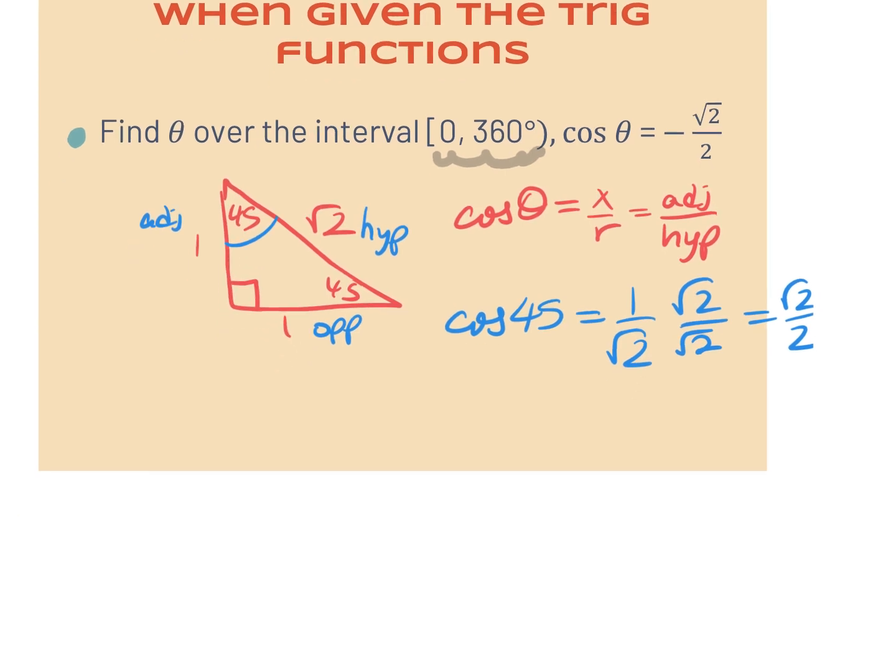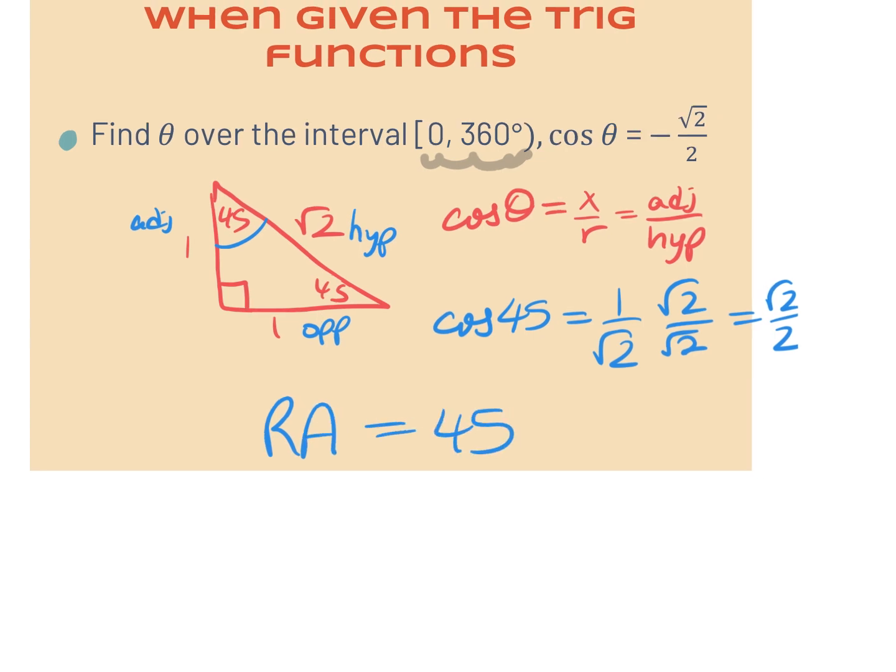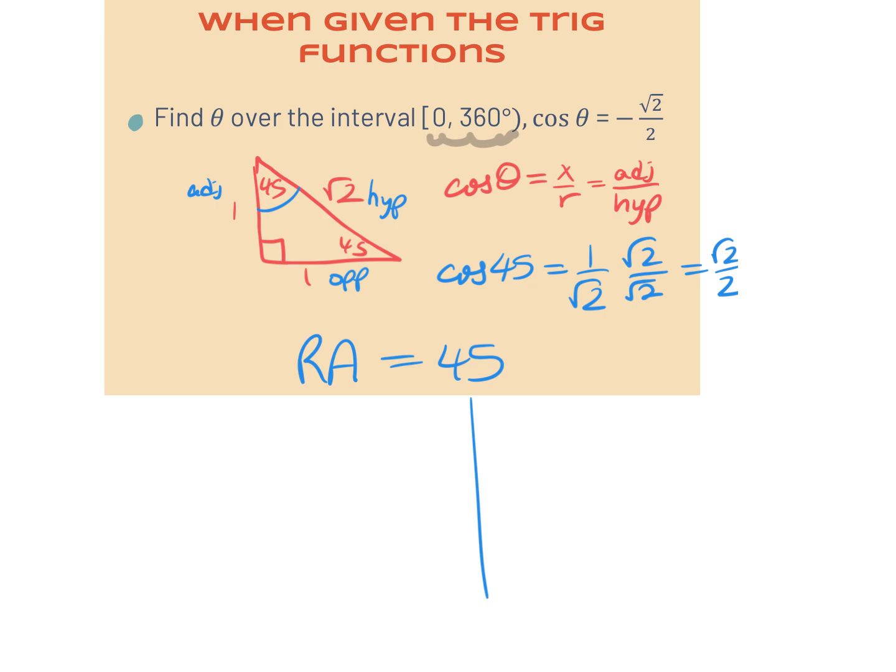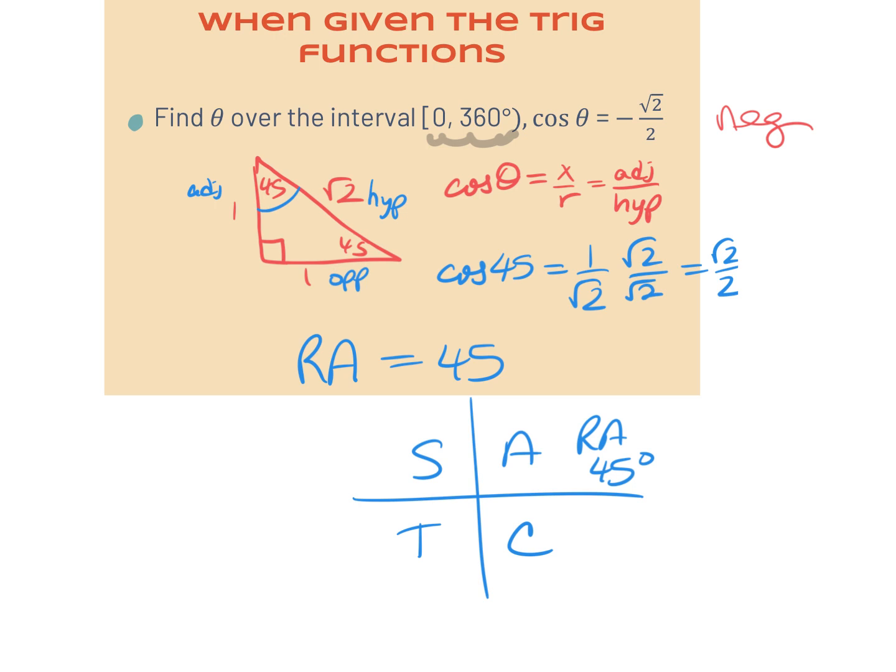So I can already see that my reference angle is 45. So what I'm going to do here is do my all students take calculus. So the reference angle is located here in quadrant 1. But notice the answer here is negative. I need to figure out which quadrant cosine is negative in. And cosine is going to be negative here and here.